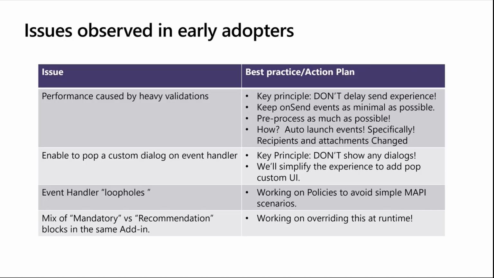You can use the recipients changed event to validate the content of the message in real time. Or for attachments, we also have an attachment added event and an attachment removed event, so you can validate all that logic at that moment instead of doing it at the end, on send.